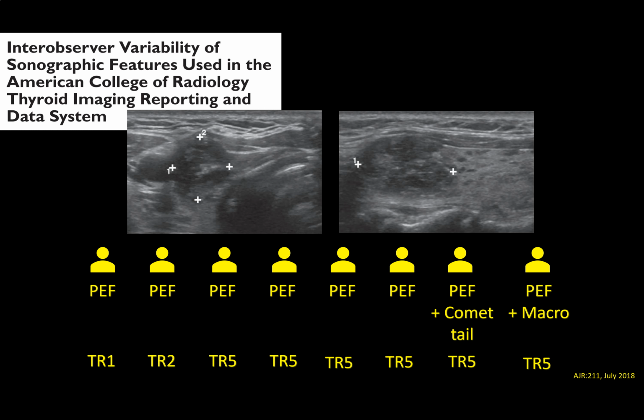It was rated TIRADS 5 for 6 of the readers, which resulted in biopsy recommendation. But it was also called TIRADS 1 and 2 by the remaining 2 readers, which led to no further management. So my point here is there can be some variation between reading of these, and I encourage you to check your nodules with your colleagues, particularly if you think it's going to change patient management.